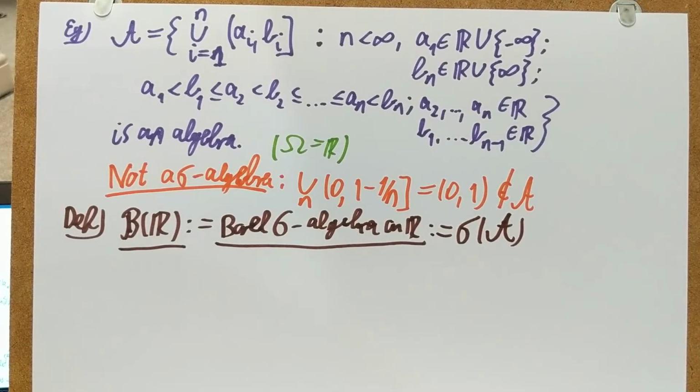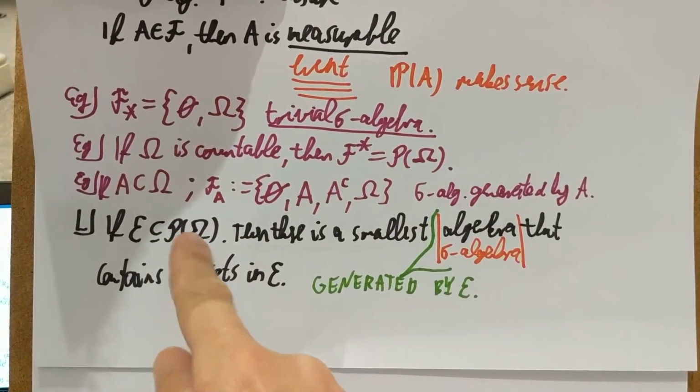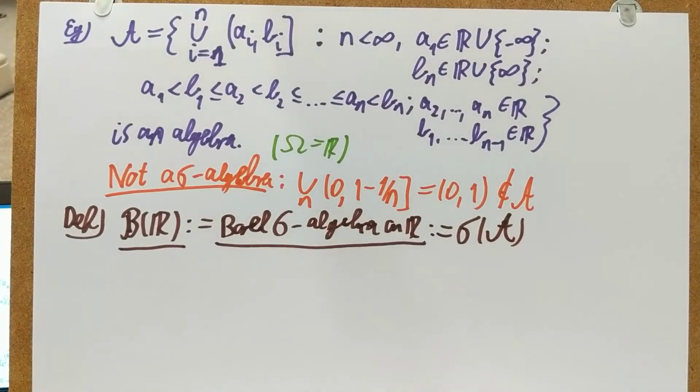So if you remember from the previous page, you had this little lemma that said if you have a collection of subsets, you can generate a sigma algebra from there. That's exactly what we're doing here.